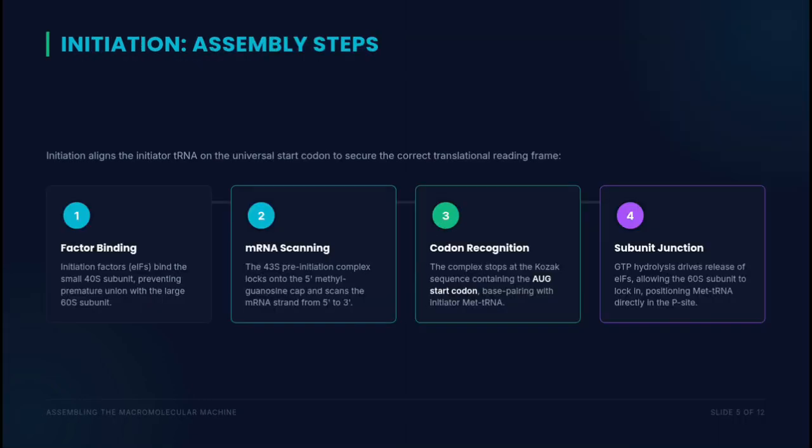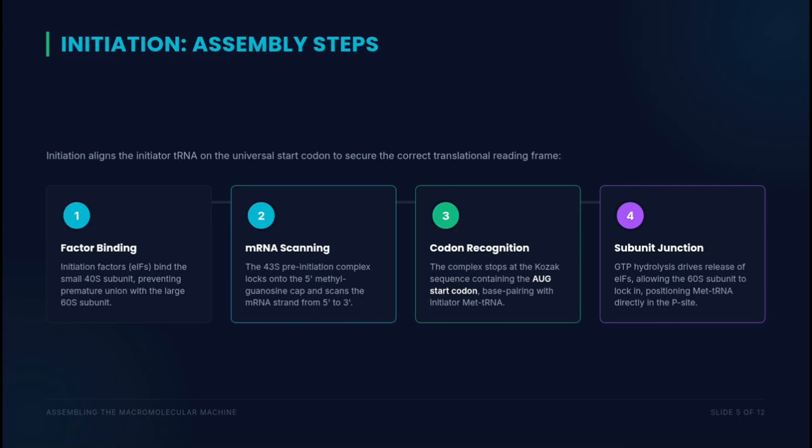And now translation begins with a stage called initiation. Think of initiation as preparing a factory before production starts. First, the small ribosomal subunit attaches to the mRNA.